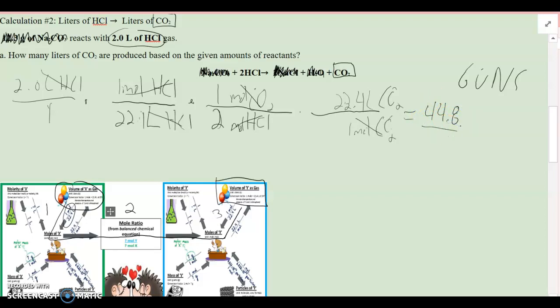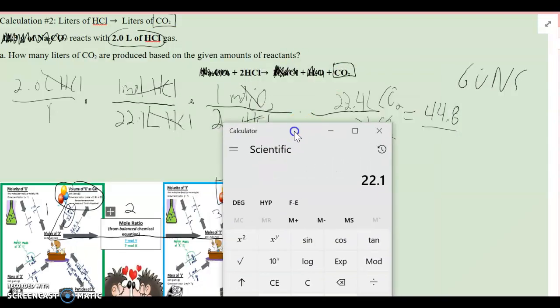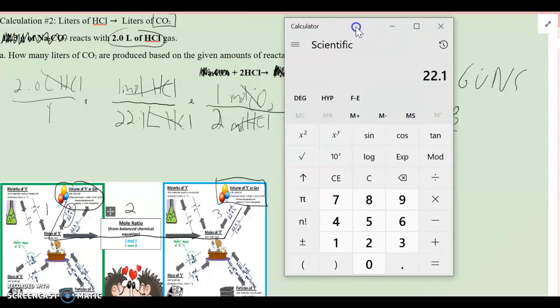All right, so now I got my top number. Now I got to get my bottom number, 22.4 times 2, right?